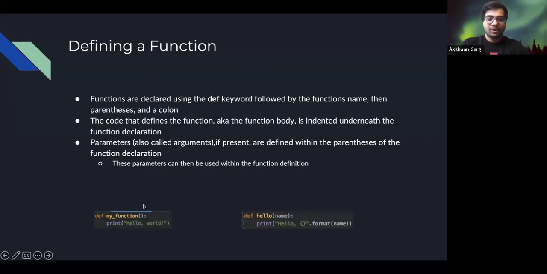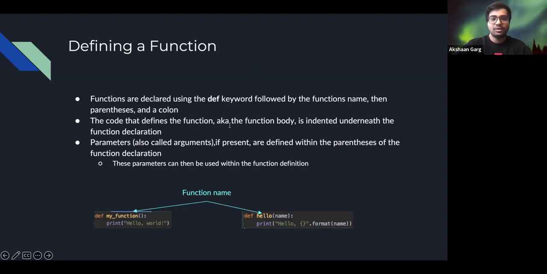The one on the left prints out hello world every time it is called. And the one on the right takes a parameter called name and then prints out hello plus that name. So let's go back to our example that we were just looking at.